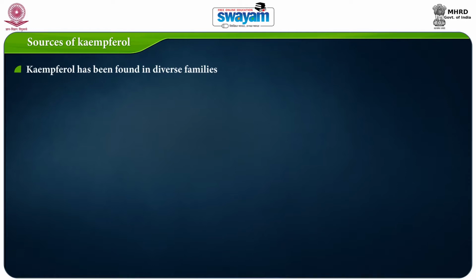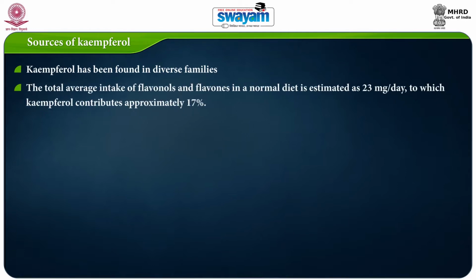Learners, let's now understand the sources of kaempferol. Kaempferol has been found in diverse families. The total average intake of flavonols and flavones in a normal diet is estimated as 23 mg per day, to which kaempferol contributes approximately 17%.